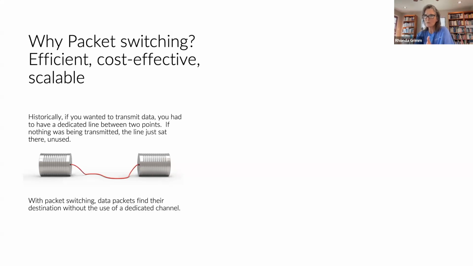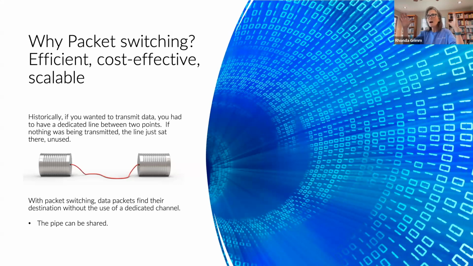So with packet switching, you're able to get things on their way, but through this humongous pipe, the internet, and the pipe can be shared, and all the packets just need their address to where they're going and some protocols to push them on the way, and then they get to where they need to be.